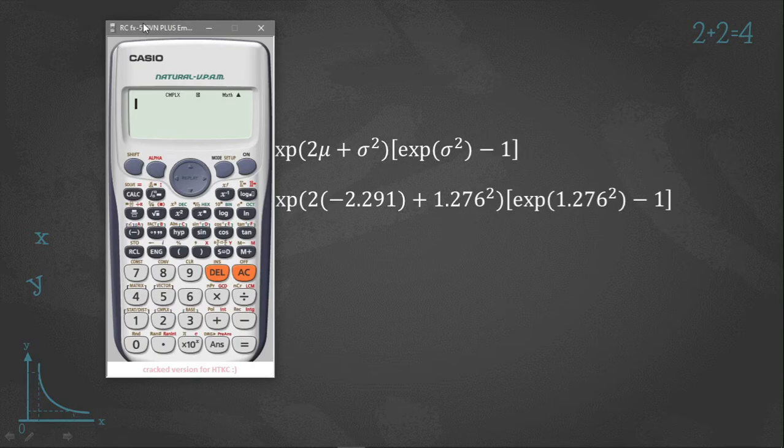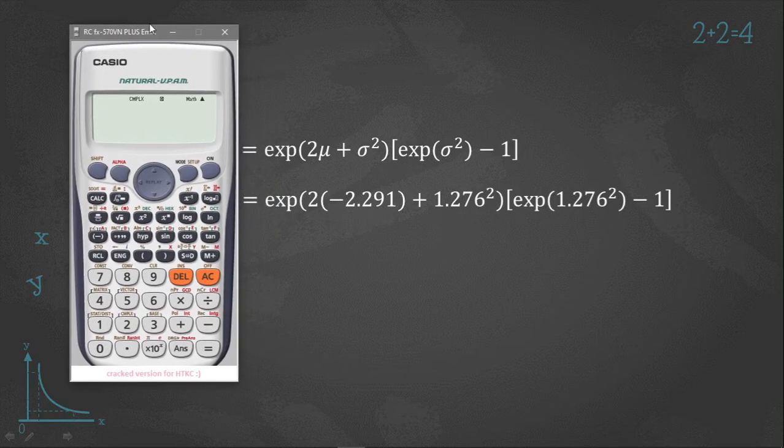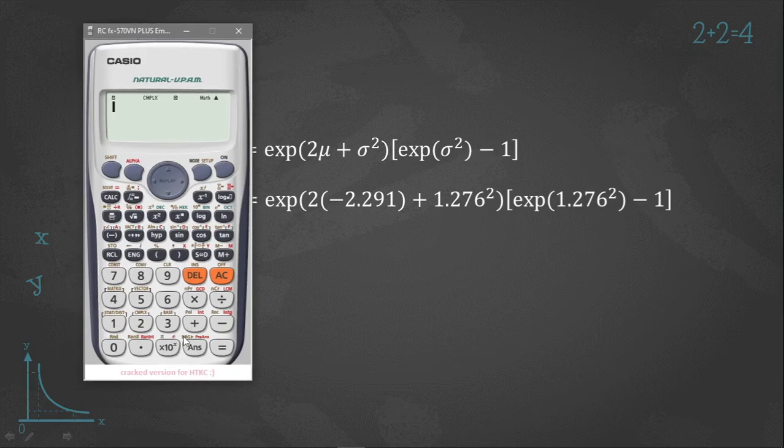So, unahin na muna natin itong exponential na ito para hindi tayo mahirapan. E raised to 2 times negative 2.291 plus 1.276 squared equals, i-stack muna natin siya dito sa A. Shift stack A para ma-save siya.